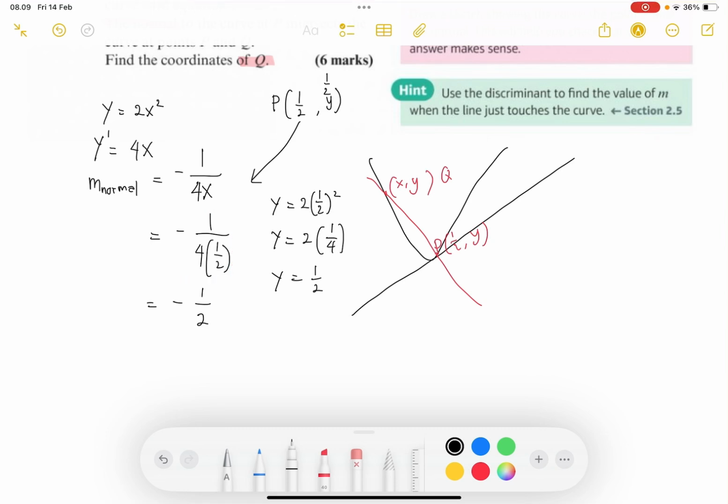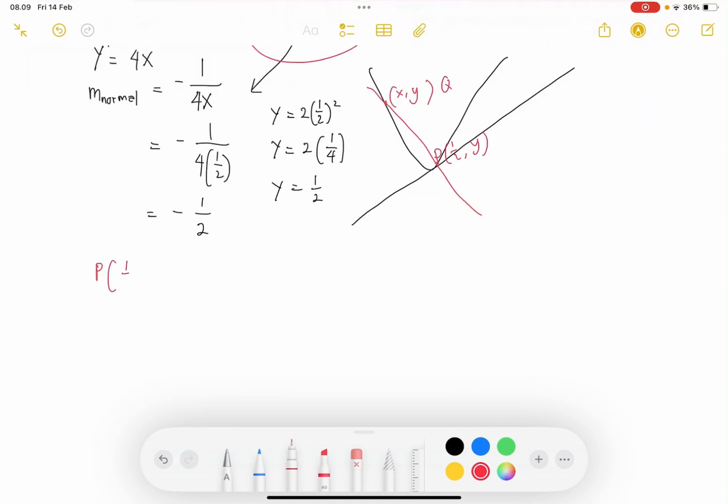Now we can find the equation of the normal. How can we find it? Using this specific point, we know it already. X is 1 over 2, y is also 1 over 2, and the gradient we already know also. So let's substitute into the equation of the normal.